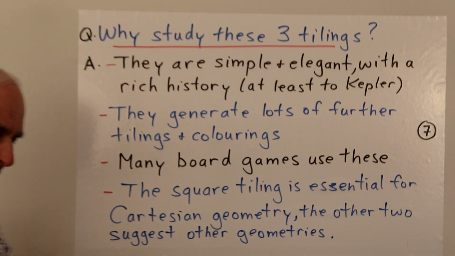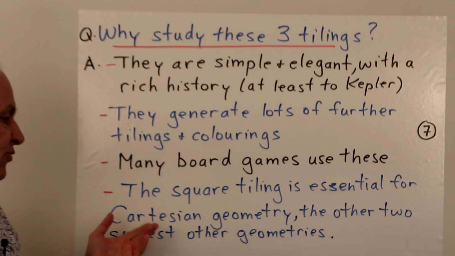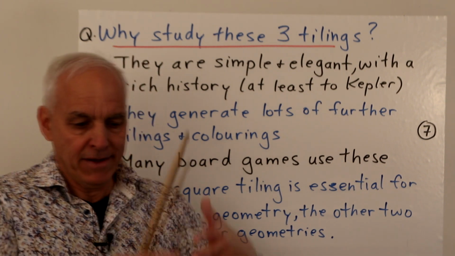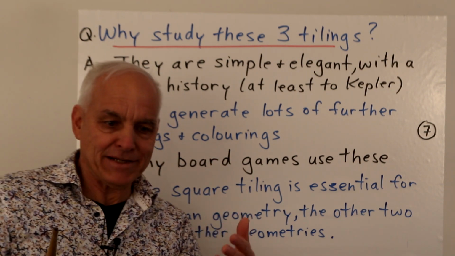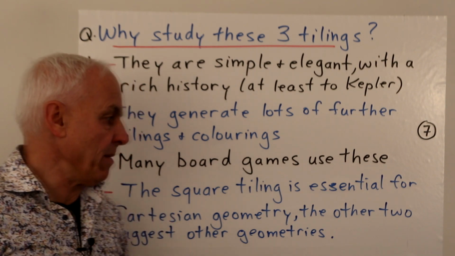Of course, the square tiling has an independent fundamental importance because it's really the essence of Cartesian coordinate geometry. That's the setup with x and y axes and a piece of graph paper. They're really pretty well the same thing.